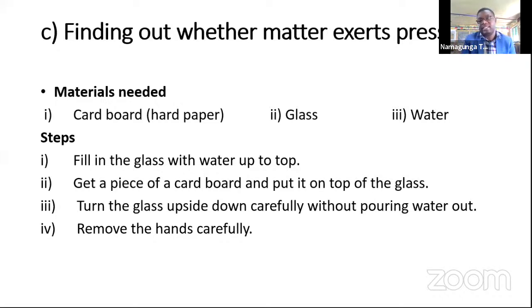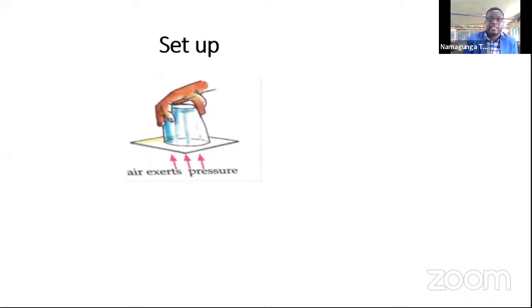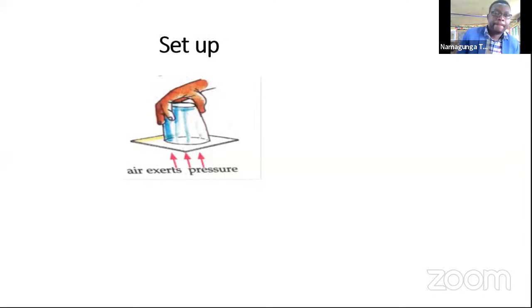Don't turn it slowly. You turn it faster, but you keep holding it. Then after, you remove the hand that was holding the cardboard. And then you will see the water is not pouring. That will tell you that air, our matter, exerts pressure.